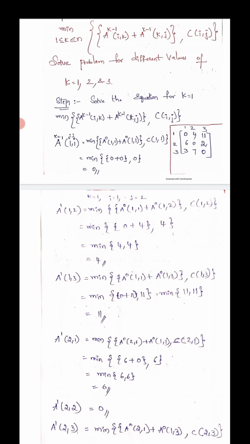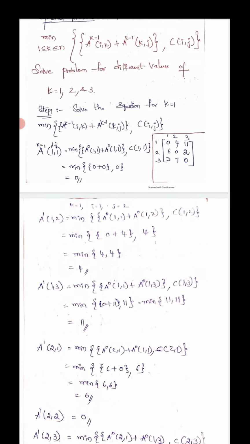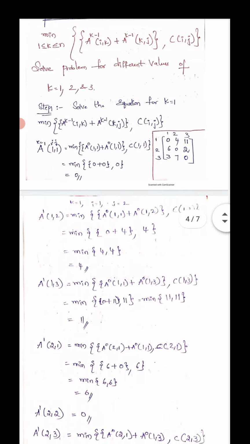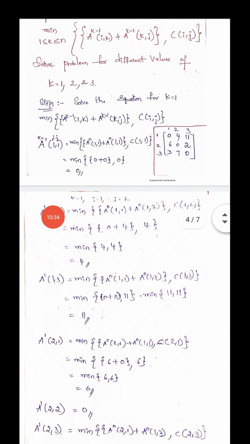A power 1 means k is equal to 1. Now (1, 1) means i is 1, j is 1. Now we substitute k equal to 1, i equal to 1, j equal to 1 in the formula: minimum of A power k minus 1, in the sense that k value will be 1.